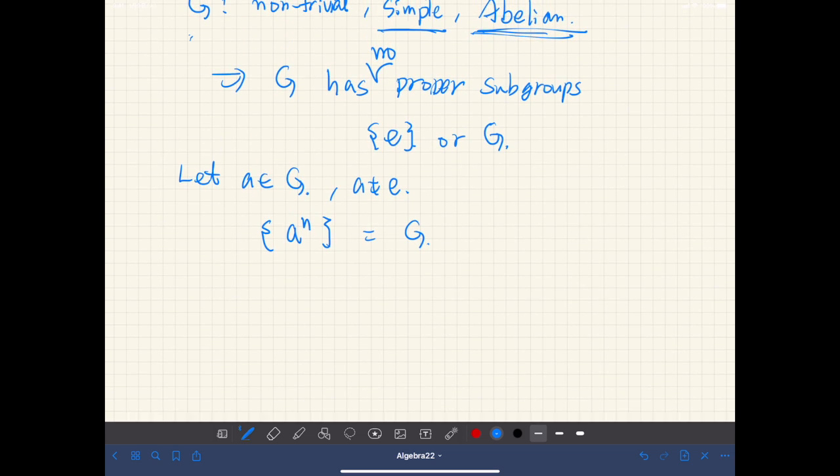Now if G is an infinite group, then a squared generates a proper subgroup, which is a contradiction.